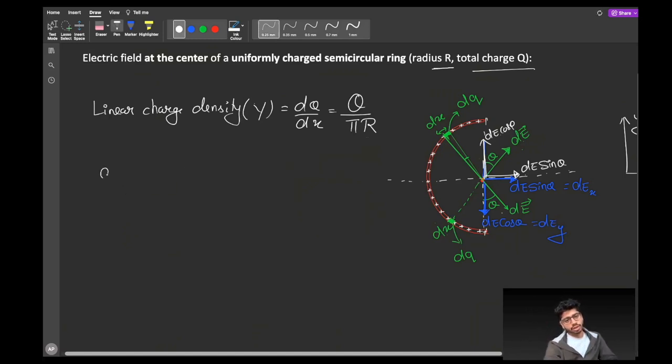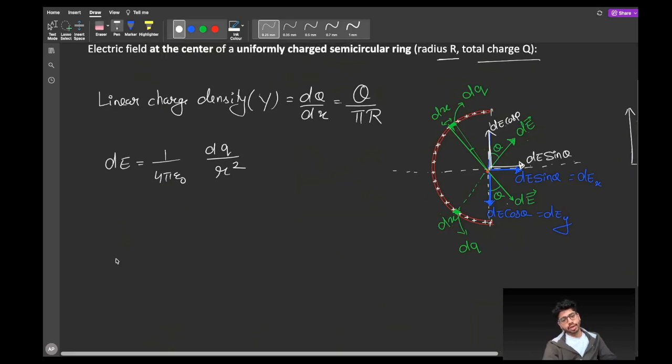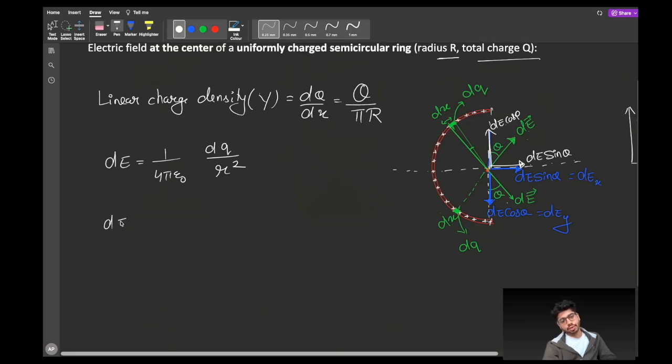So this is dE. dE is the small electric field due to the dq charge over there. That is going to come out to be 1 by 4 pi epsilon naught, which you should be aware of, times dq, due to a small charge, by r square. Similarly, we can find it in the x direction and the y direction.